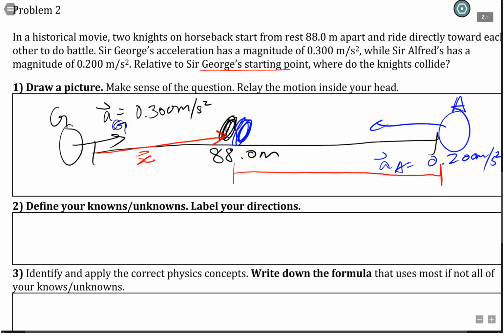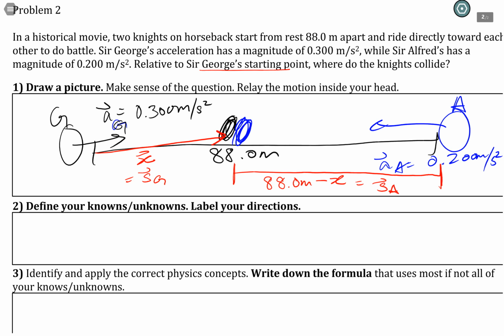This distance over here, the difference between 88 meters and x, is the distance that Sir Alfred has traveled. So this one is the distance that Sir George travels, S of G, and this one is S of A.